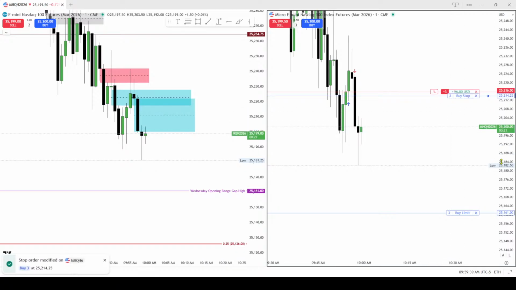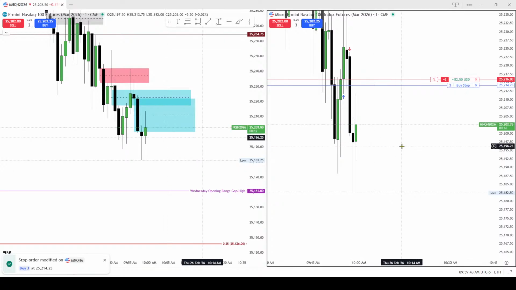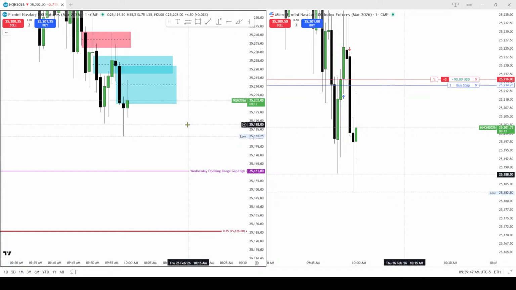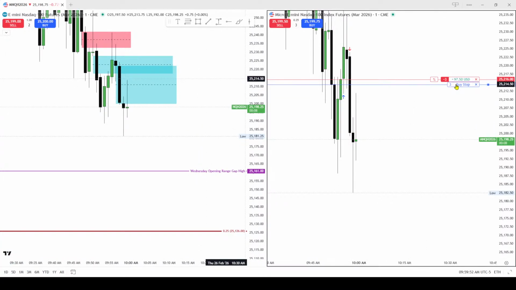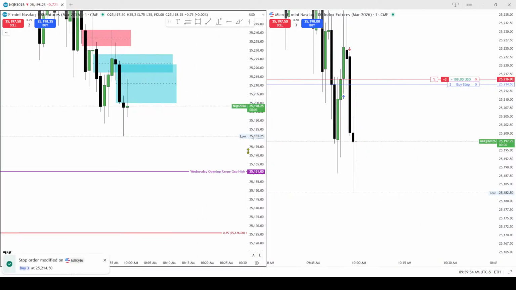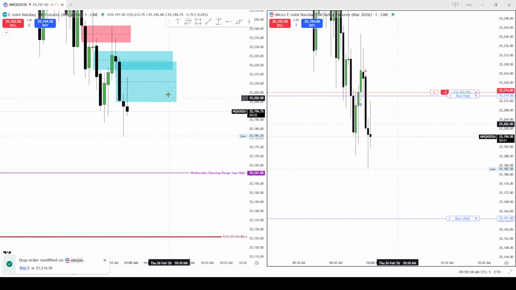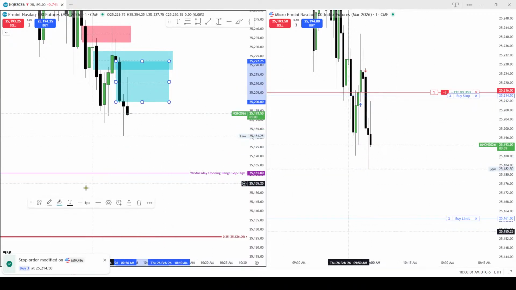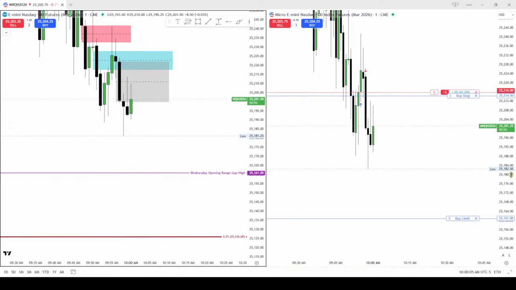So I roll to break even again. Let's see if we can get target by price using this fair value gap here, which I will annotate in a kind of grayish color, to trade lower.